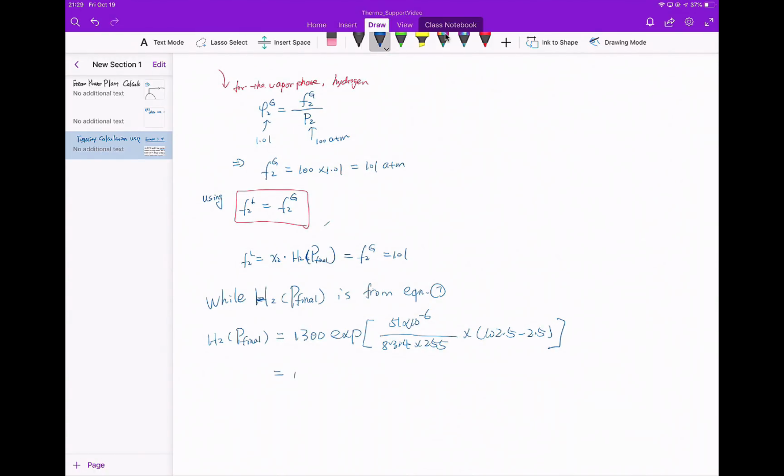According to my calculation, this is exp of this value.